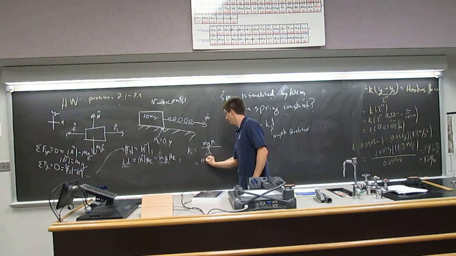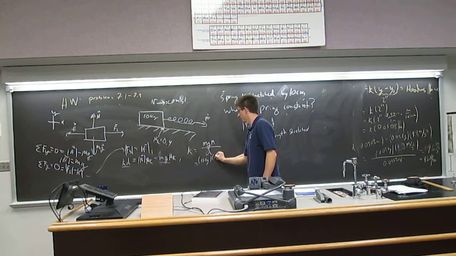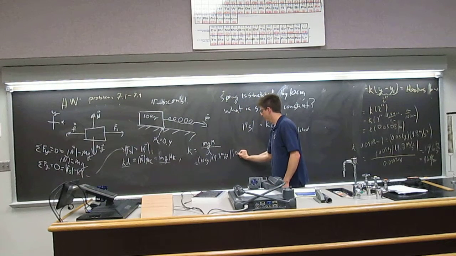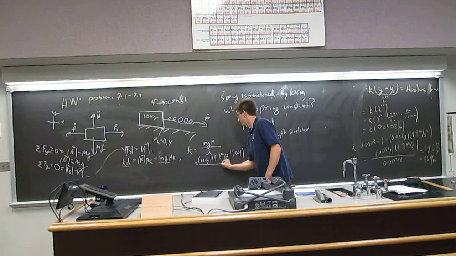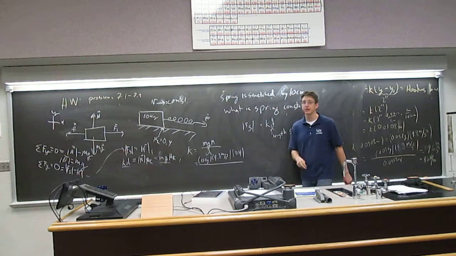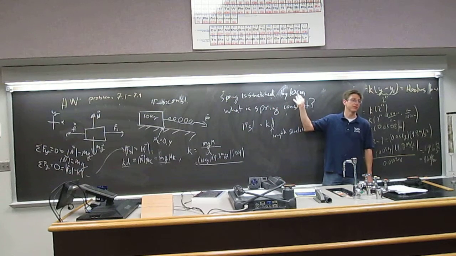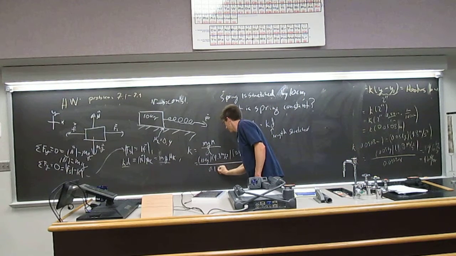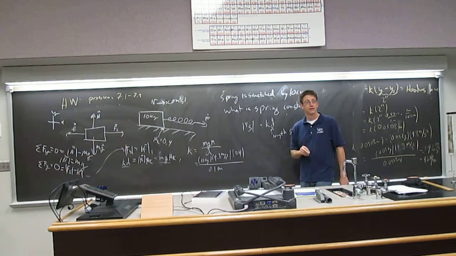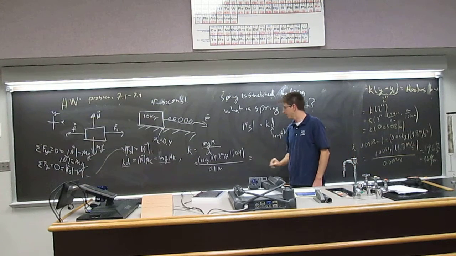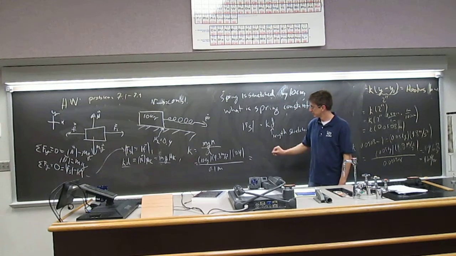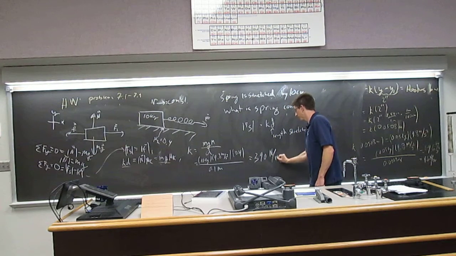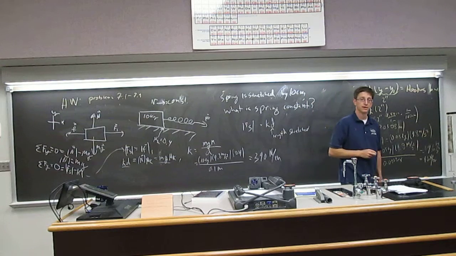That's 10 kilograms times 9.8 meters per second squared times 0.4 divided by 10 centimeters. I want to put that into meters, so 10 centimeters is 0.1 meters. When I do that, what do you get? 392 newtons per meter.